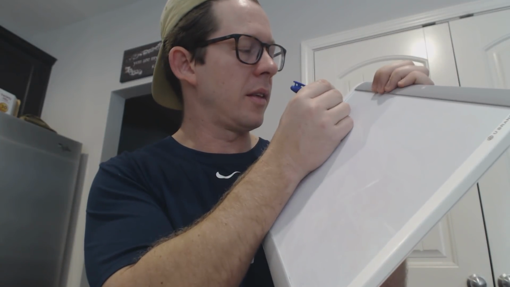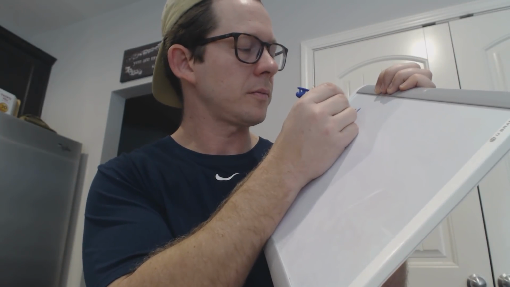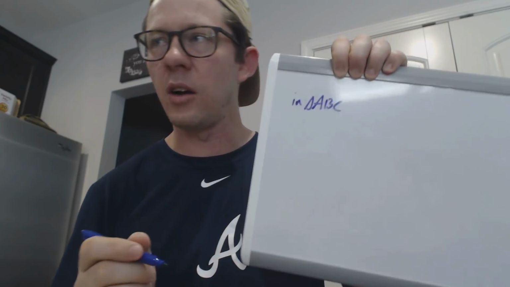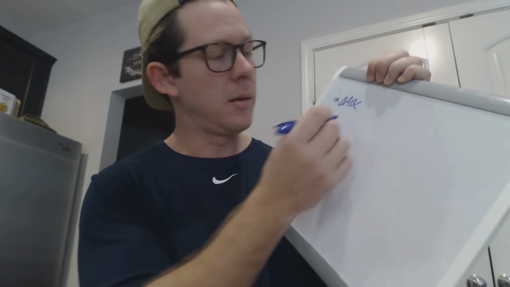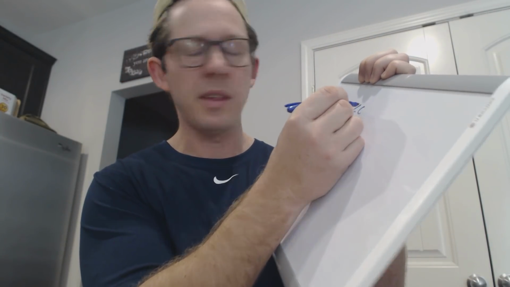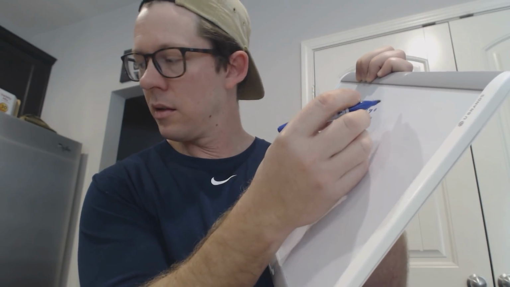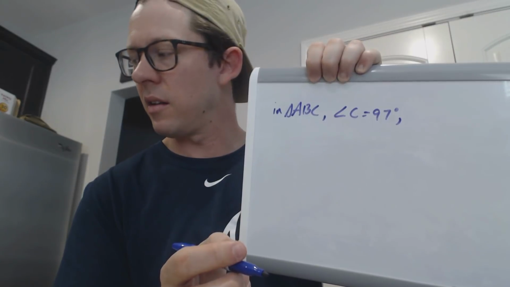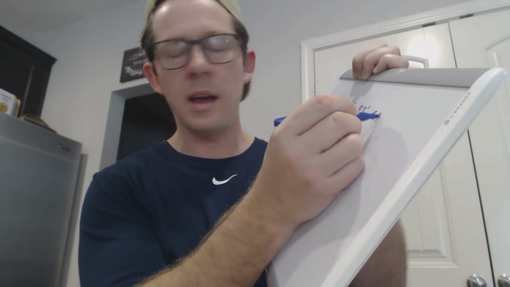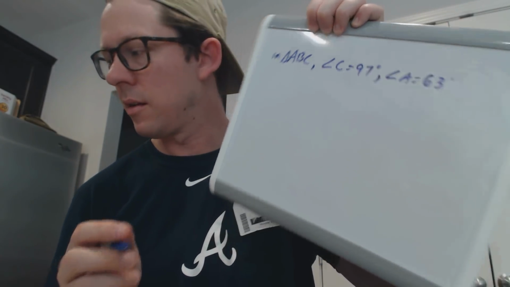So let's say in triangle ABC, we have angle C is 97 degrees. Angle A is 63 degrees.